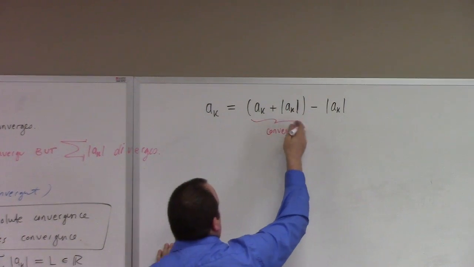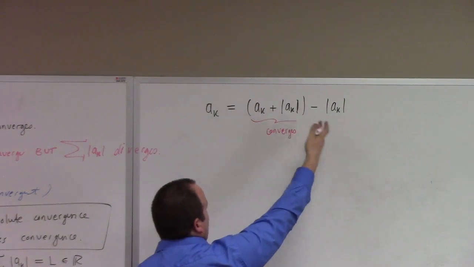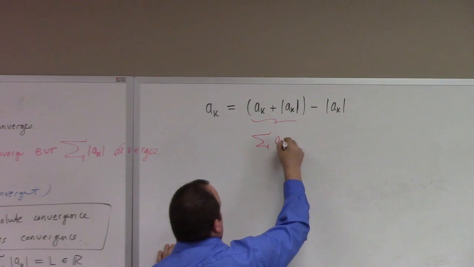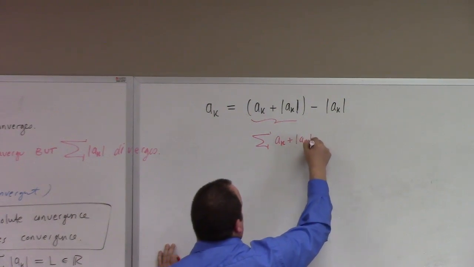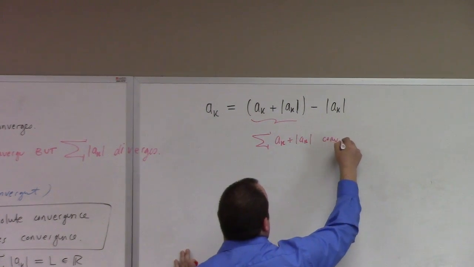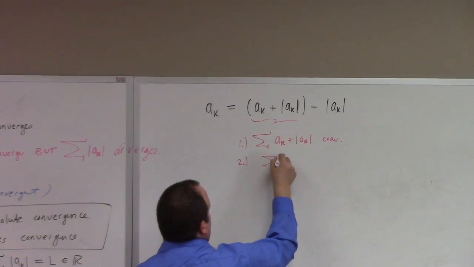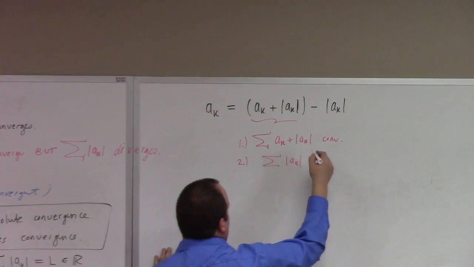This itself has to converge to 0 as it happens by the kth term test, but more to the point, the sum of a sub k plus the absolute value of a sub k converges. And the series formed by the absolute value of a sub k was assumed to converge.